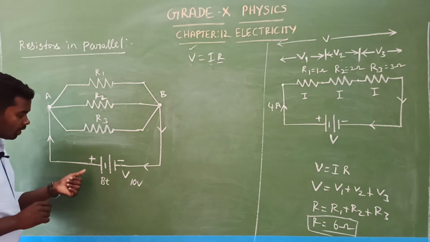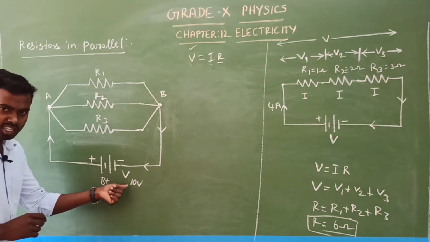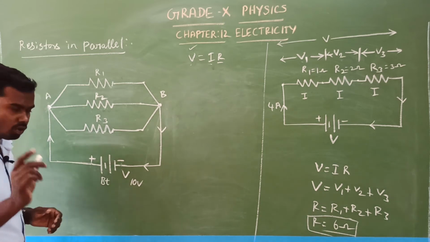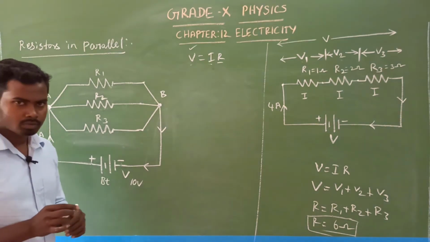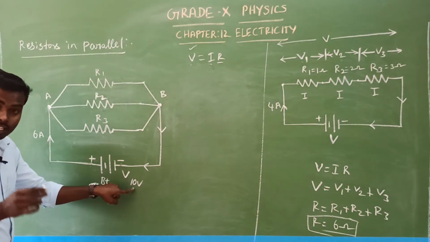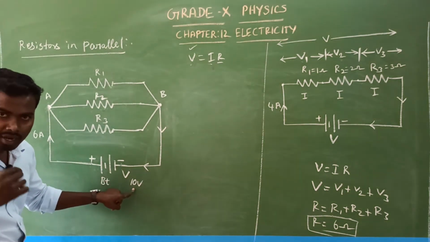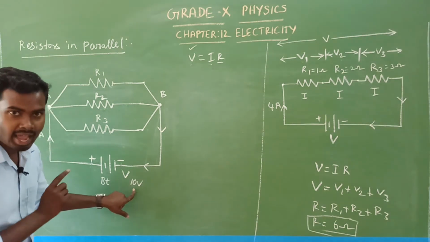Look here. We apply a potential difference of 10 volt by this battery, due to which 6 ampere current is flowing. This is just an example for your understanding purpose, not an exact value.